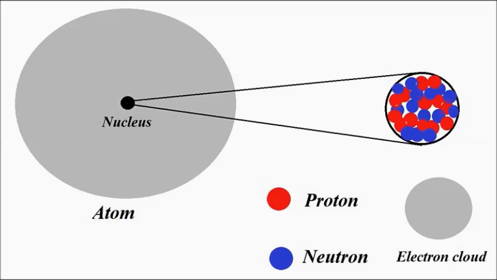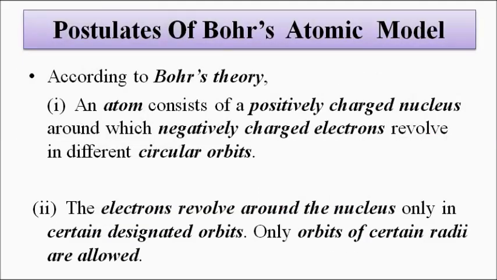Bohr's atomic theory provided a solution to that in terms of its postulates, which explained why electrons moved around the nucleus and did not spiral into it, getting the electron and proton pair annihilated, which could not have explained the stability of the atom. So this is the Bohr's atomic model which we just discussed.